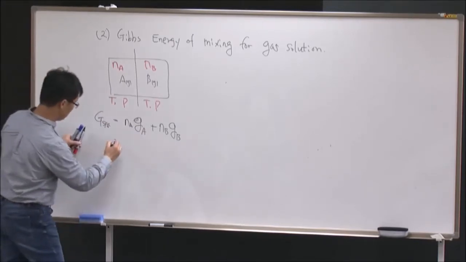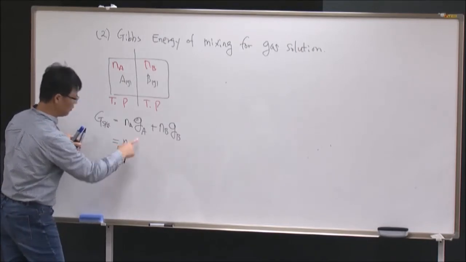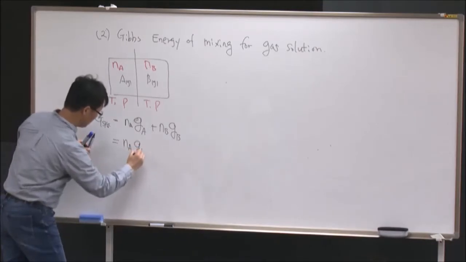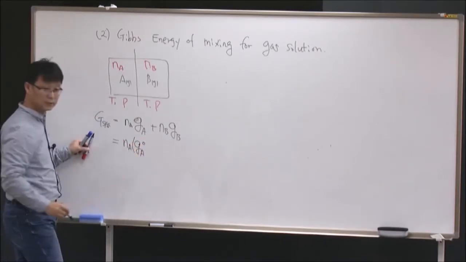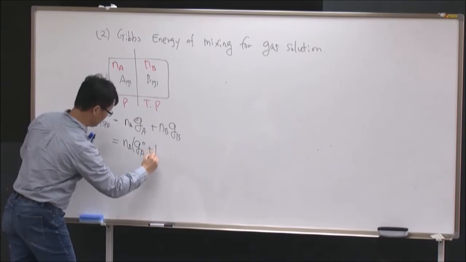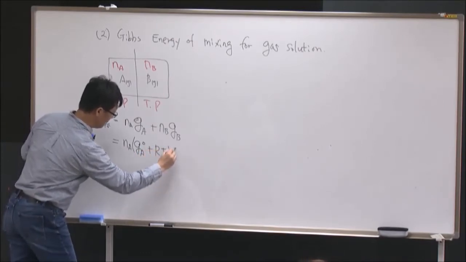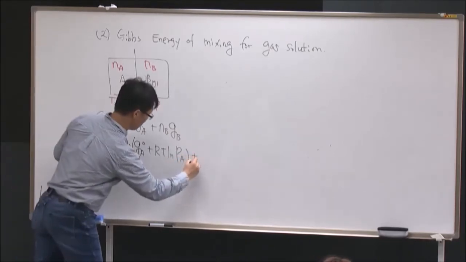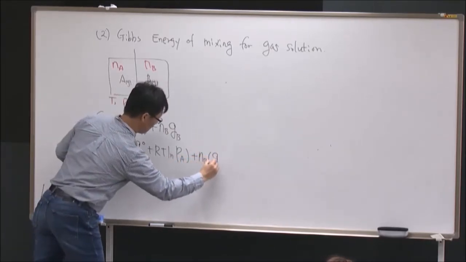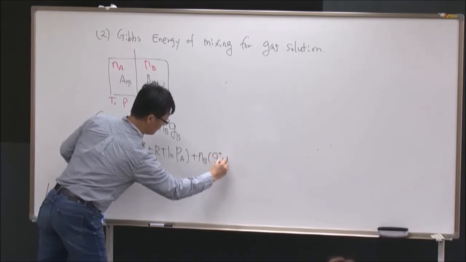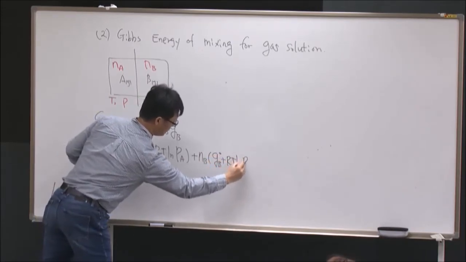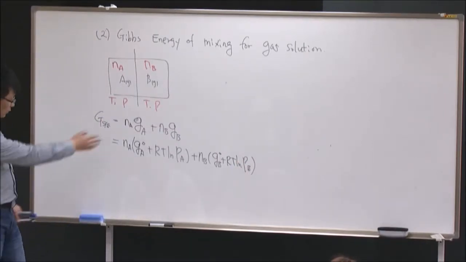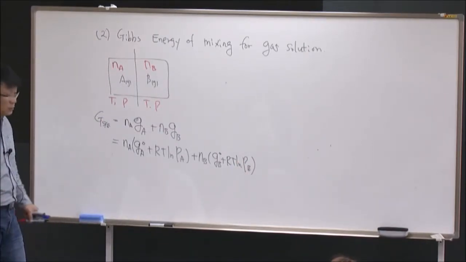So then this will be NA, according to the derivation there, Gibbs energy of A in the standard state plus RT... Is it okay? And then we assume that PA, PB and the temperature are all the same.